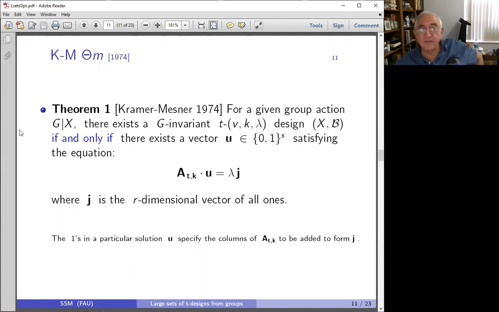For a given group action, G acting on X, there exists a G-invariant t-(v,k,lambda) design if and only if there exists a vector U, which is a 0,1 vector of size S, S being the number of orbits on K sets, satisfying the following equation: A sub TK times U is lambda J, where J is the all-ones vector, the R-dimensional all-ones vector. So in particular, you can think of the ones as specifying the columns of A sub TK to be added to form vector J.